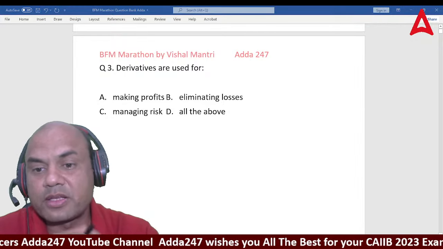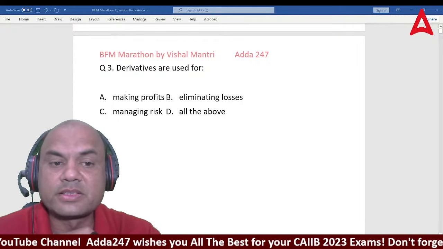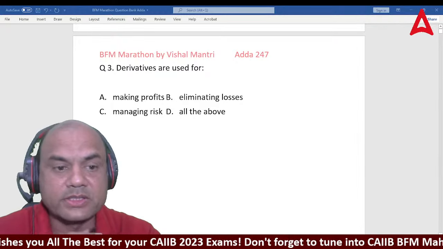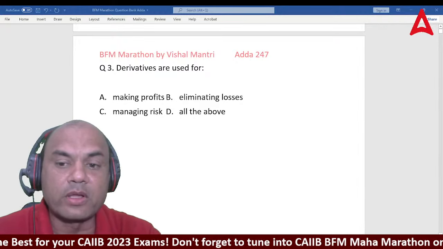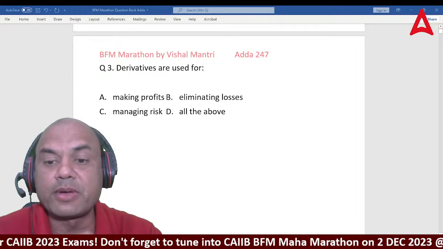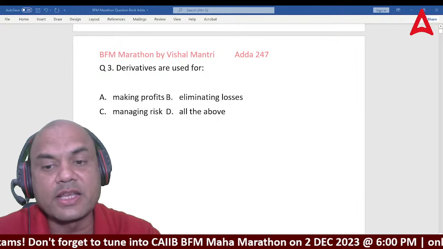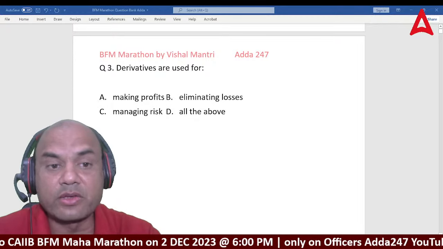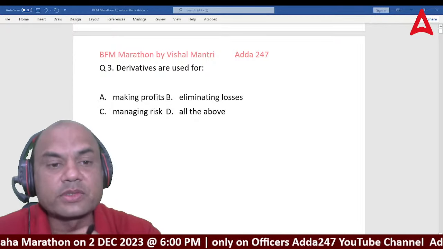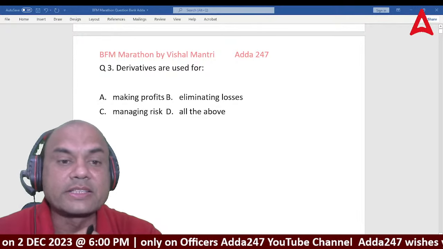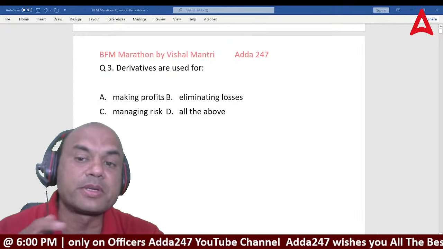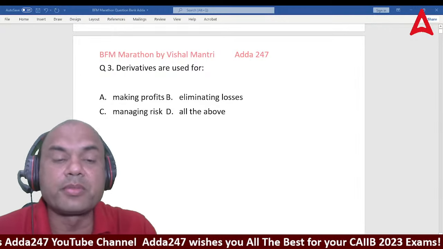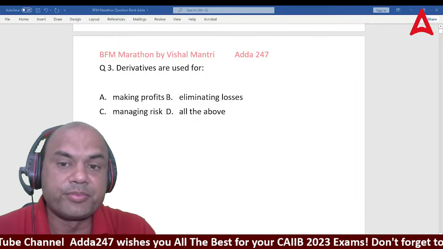What is the answer over here? The third one. D, all of the above. Many of you are saying all of the above, but one answer I've got is C. Sirisha, you're right. C is the answer. You have to study derivatives from your exam perspective, from your CAIIB perspective. We don't have to study from the profit making perspective.